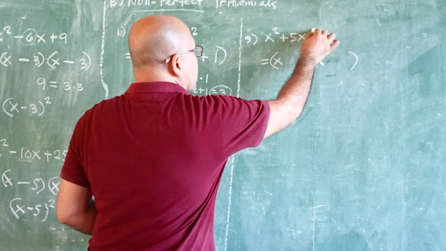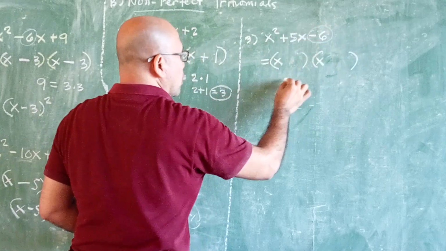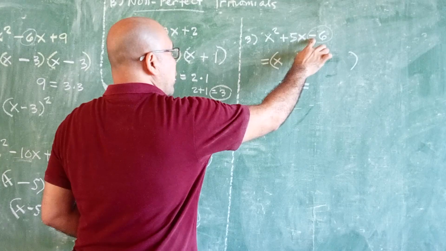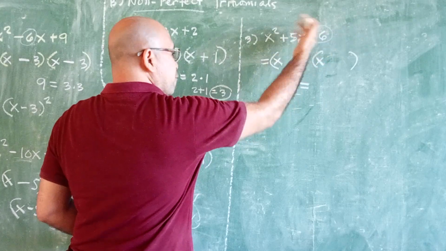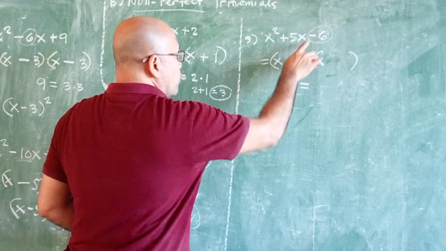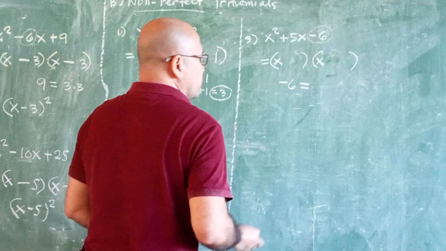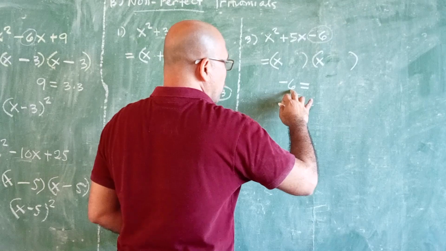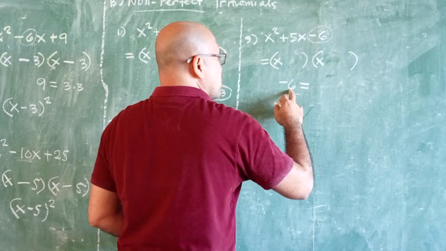Then after that, try to get the factors of negative 6. Since it is now minus, when you factor out 6, you include minus as negative here. And then, get all the possible factors of negative 6.